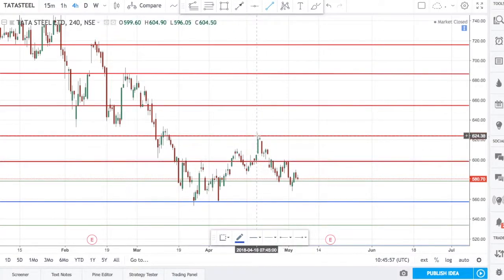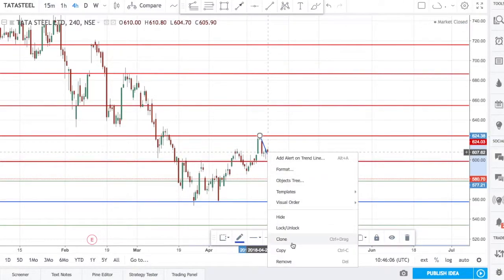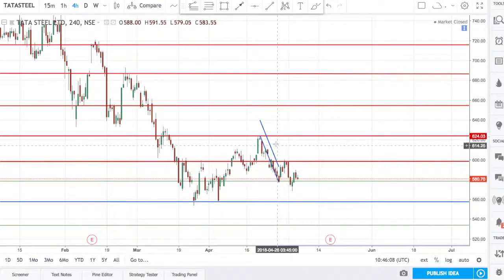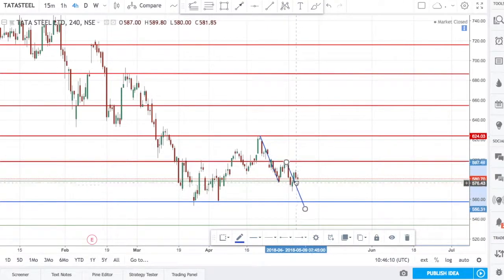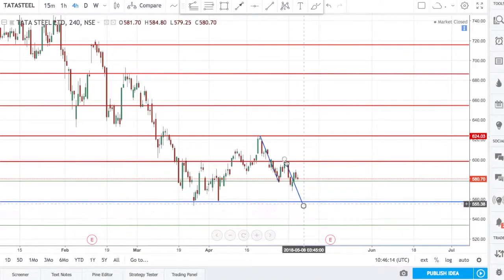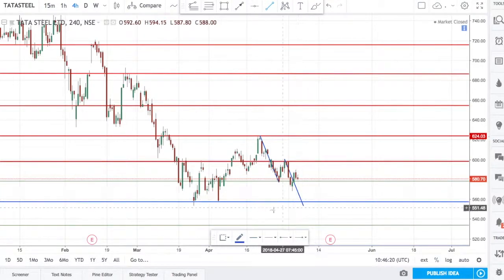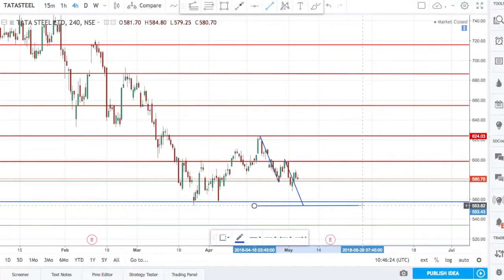There is an ABCD pattern. This is our AB leg, our retracement BC leg, and our possible completion would be somewhere around this point. So this would be our D point, and let's mark our D point with a line.